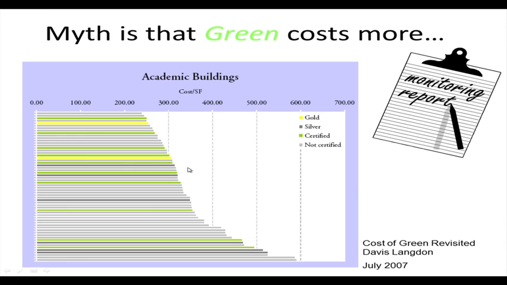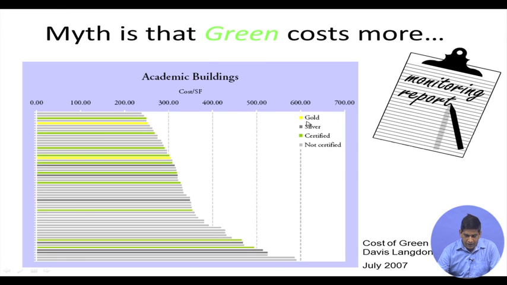And there is always a myth that green costs more, that whatever we do in terms of green products costs more, which is not really true. As you can see over here, for academic buildings, the chart shows the cost per square foot.